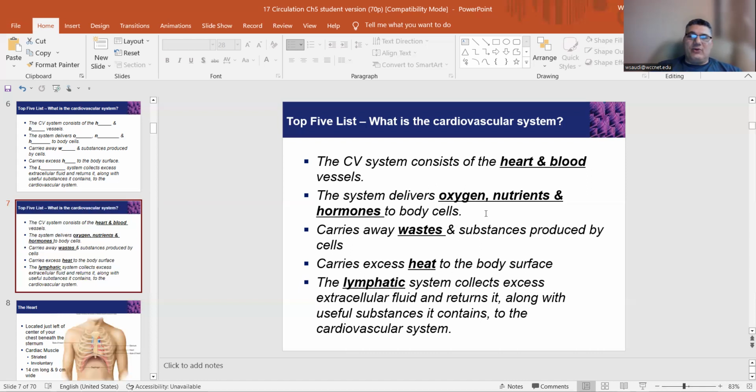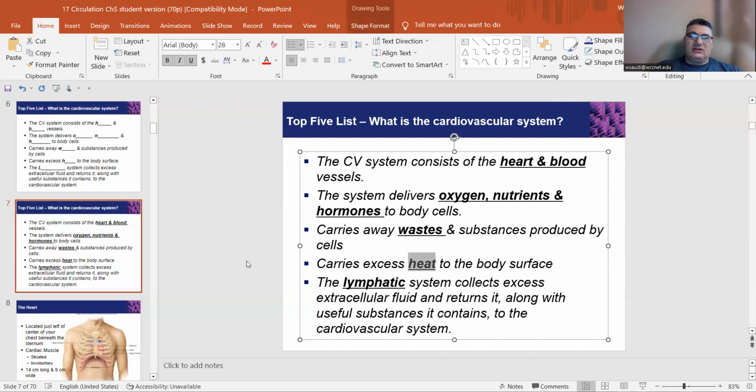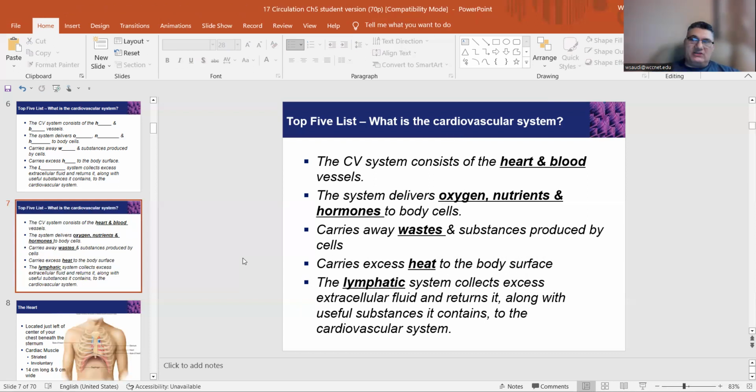What do you want to take away from the cells? Waste products. What are the waste products? The products of breaking down or burning the nutrients with oxygen. The end product is called waste product, plus carbon dioxide. What else are you going to do? Heat. Heat homeostasis or temperature homeostasis.